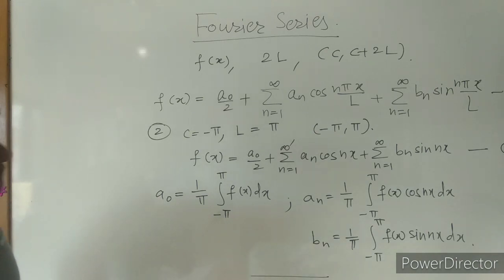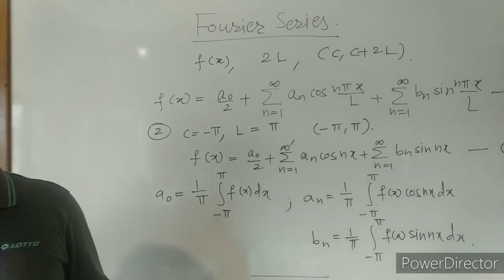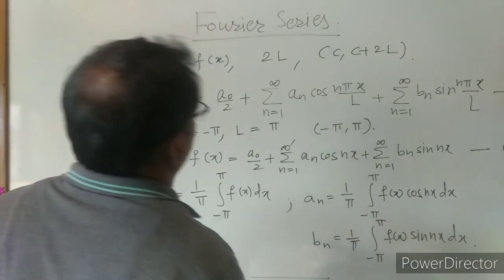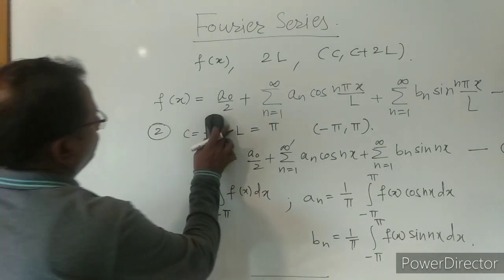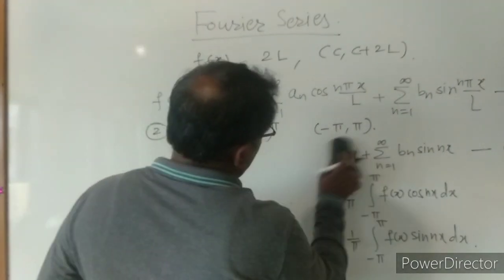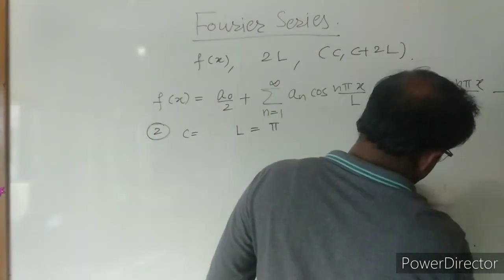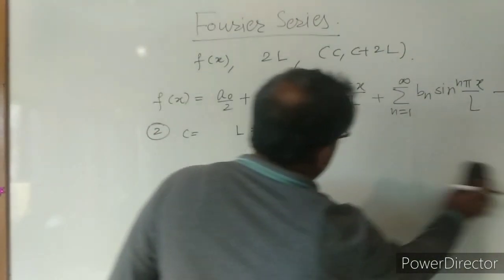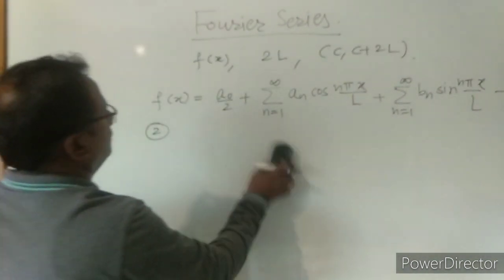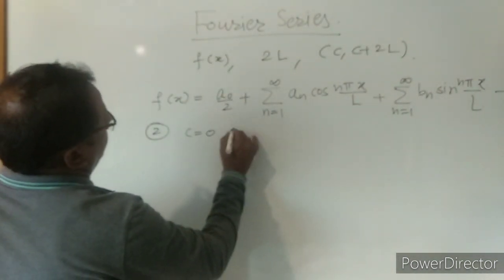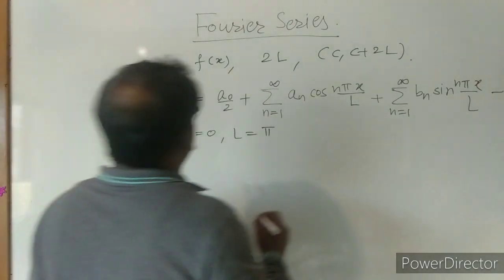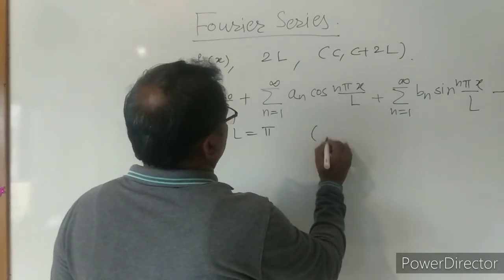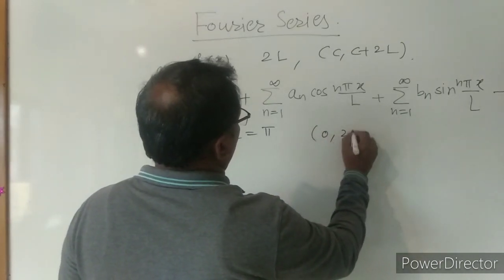Third case, where we will take c equals to 0 and L equals to pi. Case number 3, where we take c equals to 0 and L equals to pi. What happens here? If I take this value, then the interval of definition for this function will be 0 to 2 pi.